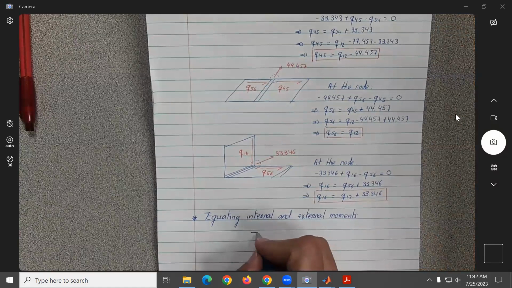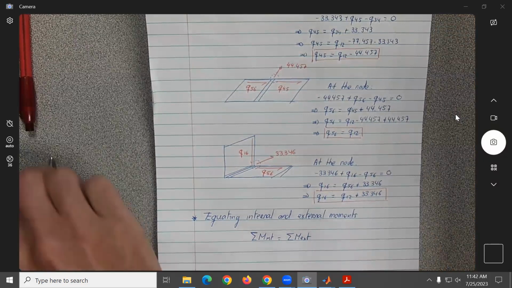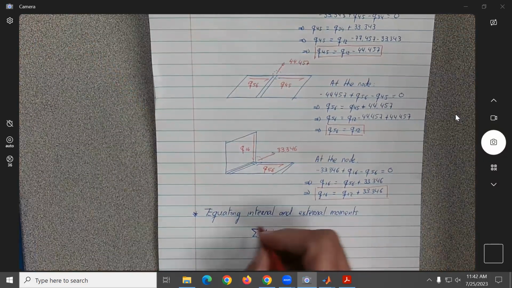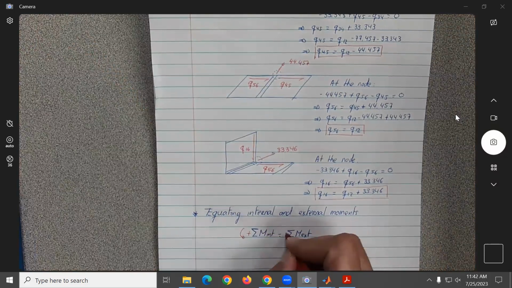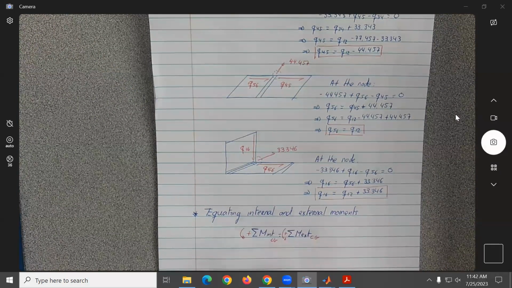So as before, I'll probably do this because we have the effects of the stringers, about which point we need to take. About which point I'm going to take moments? About the center of gravity, no? Because that way the effect of the stringers is 0.